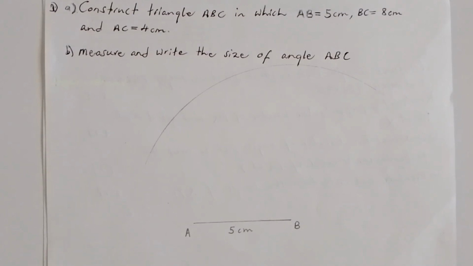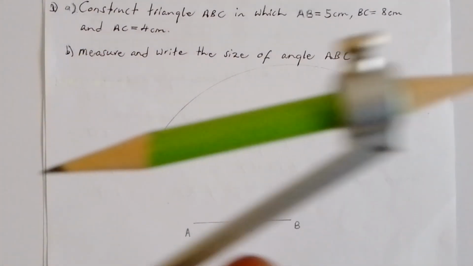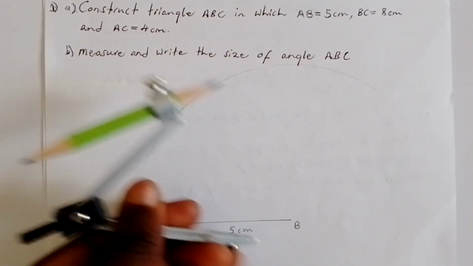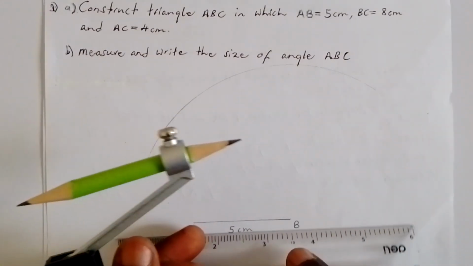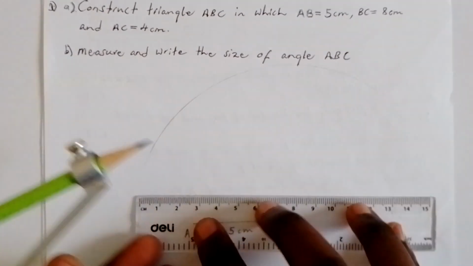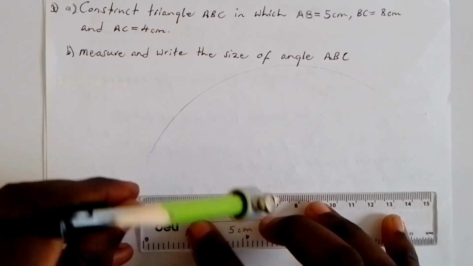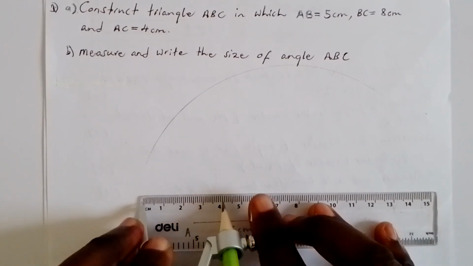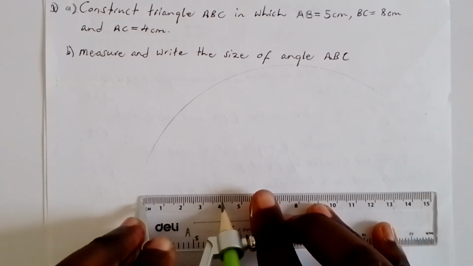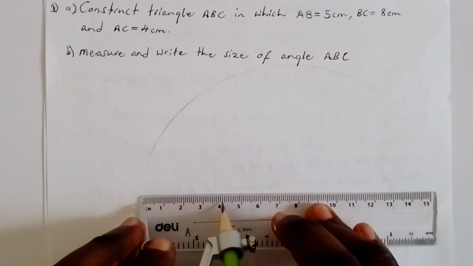So the next thing I have to do is open my compass to a radius of 4 centimeters so that I construct another arc from A. I pick my ruler, fix it at the starting point of the centimeters, then reduce this from 8 to 4 centimeters. I'm sure you can see that this is exactly 4 centimeters.